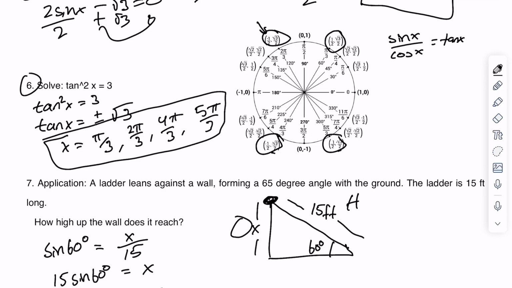And if we put that into the calculator, we will get that the height is 13.6 feet. So a ladder is 15 feet long, but over here, it reaches up a height of 13.6 feet on the wall. This is the wall.